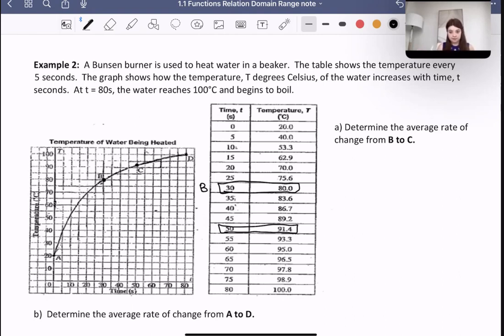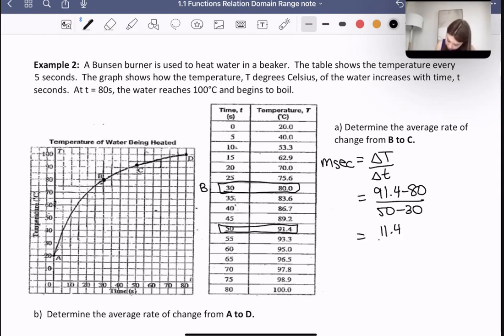Okay, so let's find the average rate of change, which is the slope of our secant line. That is going to be delta T over delta of small t for time. And that is going to be (91.4 minus 80) over (50 minus 30), which is 11.4 over 20.